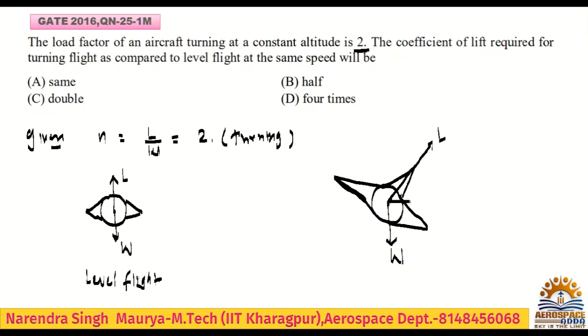From the horizontal, this angle will be called the bank angle phi.